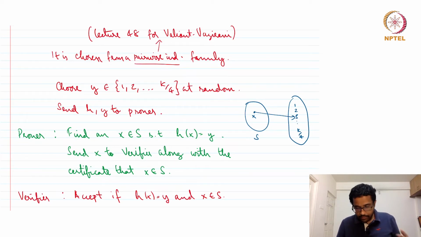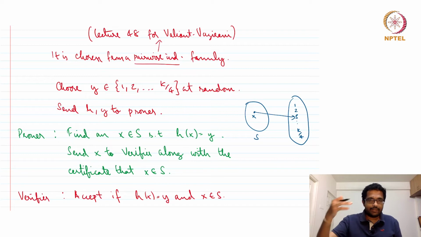Notice that the verifier cannot identify such an x, because S itself is like n factorial or some big number, so it does not have the time to go through all the elements of S. But the prover can find and send the x.